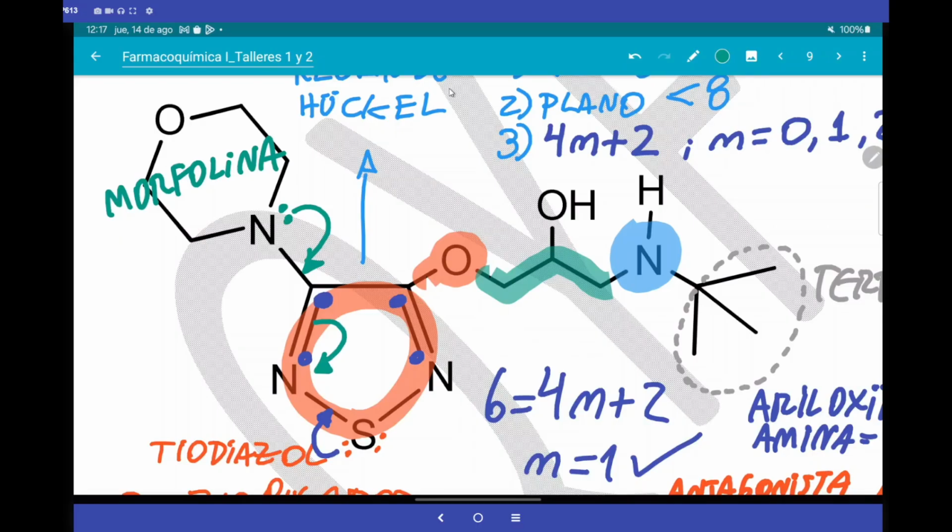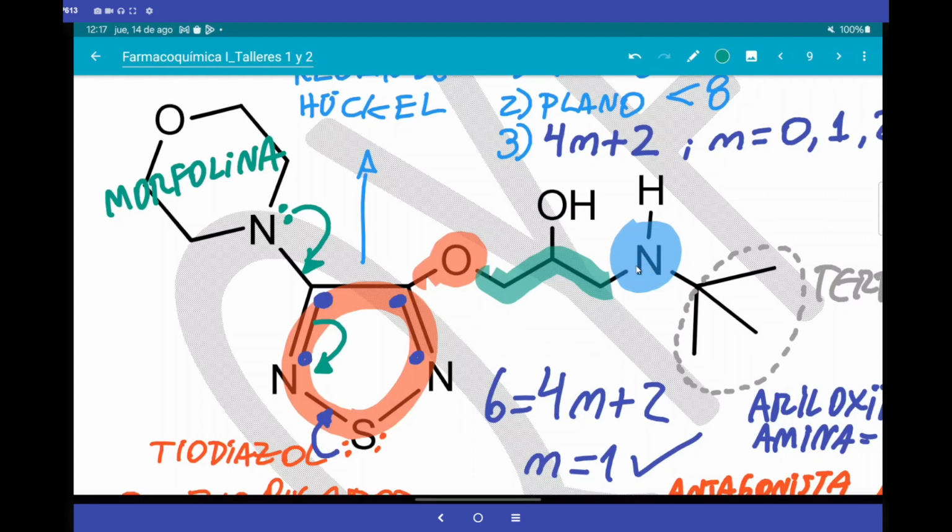This is not a heterocyclic chemistry class, but these systems are called pi-deficient systems, and they are tremendously electroattractive. That is, a nitrogen in an sp2 within a ring acts as a carbonyl. It takes electrons away with a lot of force. Okay, then this pi-deficient ring electroattracts with a lot of force. That morpholine is not going to protonate, the one here.